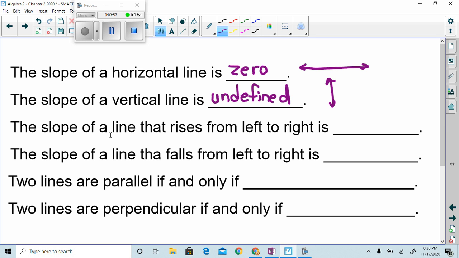The slope of the line that rises from left to right is positive. Now, if I'm highlighting this, that tells you it's important. It's going to be on the assessment. The slope that falls from left to right has a negative slope.